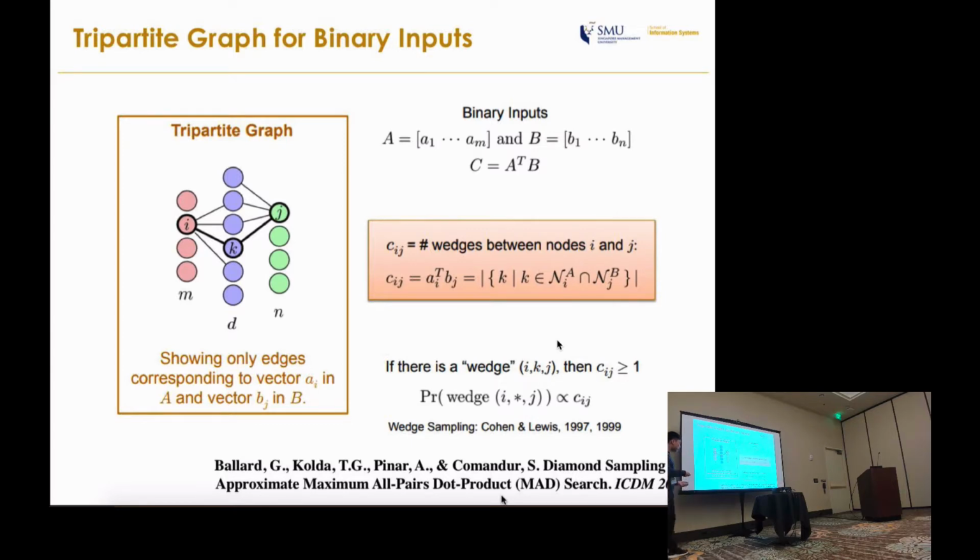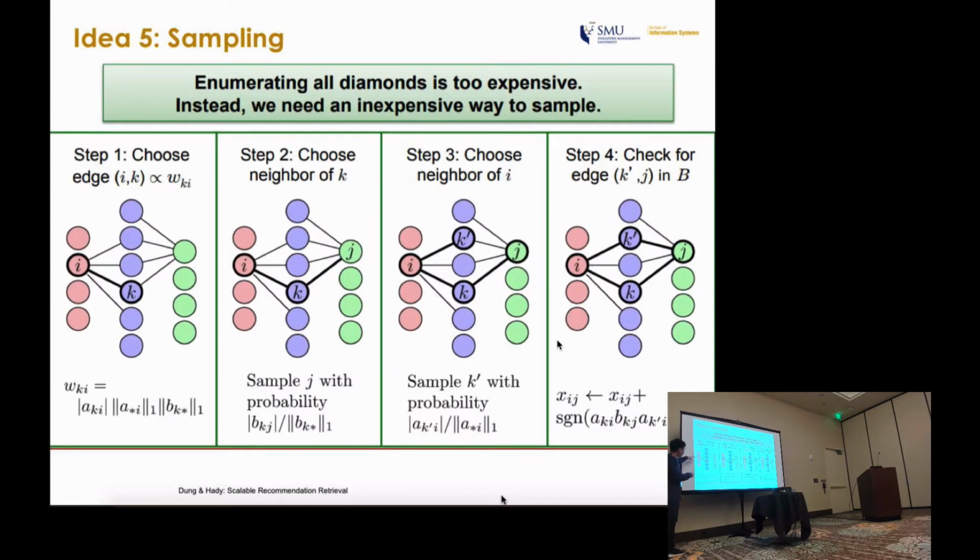This can be achieved through a sampling scheme in which you start from node i, and first you sample the pair ik, and if there is a path, then you continue to sample j from k.